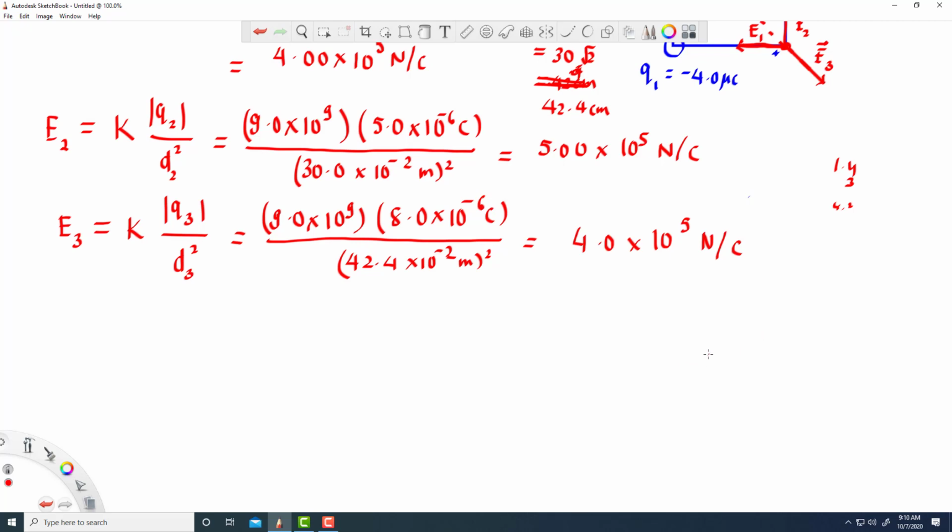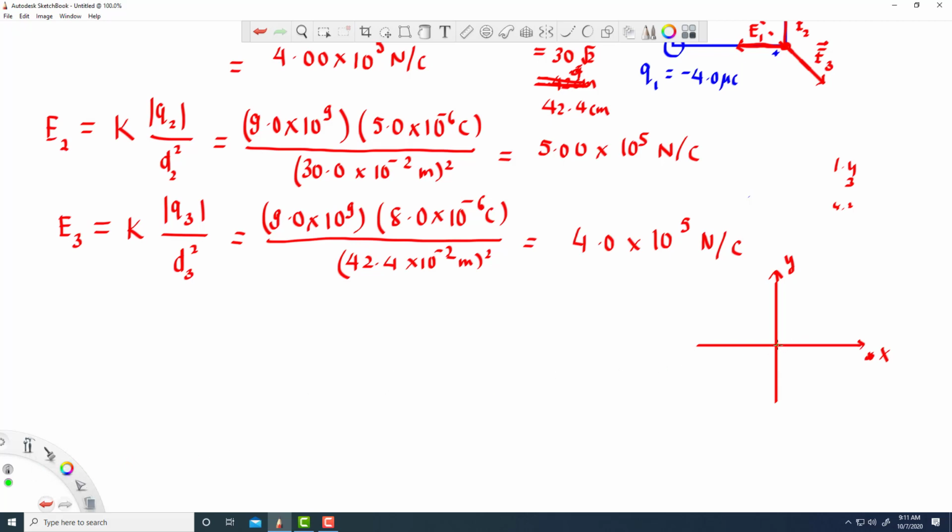So we need to redraw our vectors. So this is the coordinate, we have this x axis and this y axis. We have 3 vectors here.